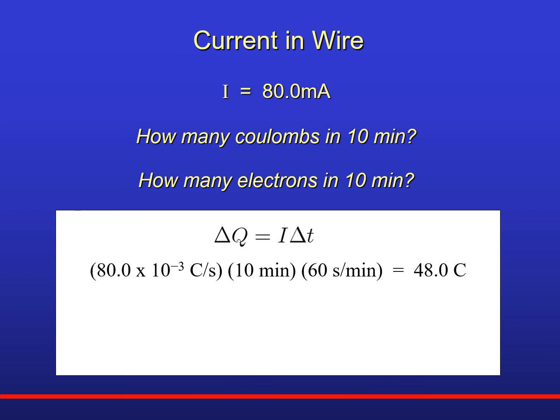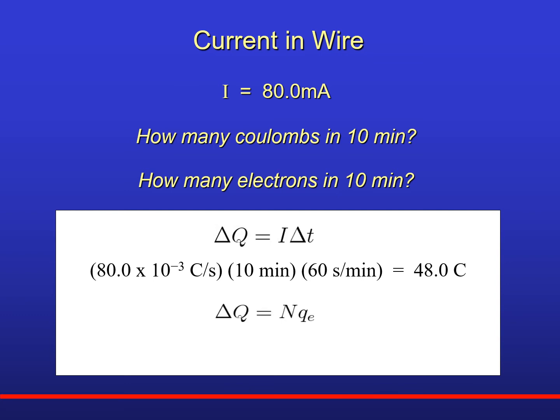How many electrons? The electrons are negative particles, but we pretend that they're positive particles going the other way. If this current was flowing from left to right, in reality, electrons are going from right to left. We're going to pretend that, for every electron that goes left, it was as though a positive charge went right.